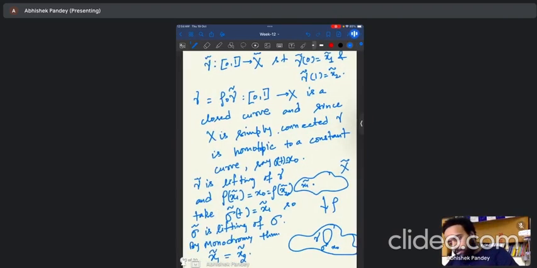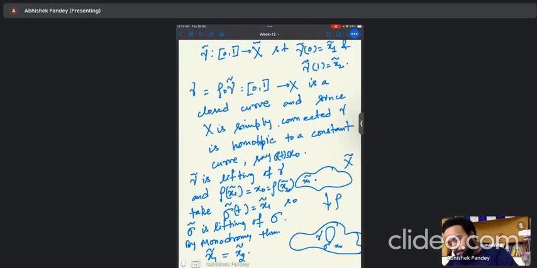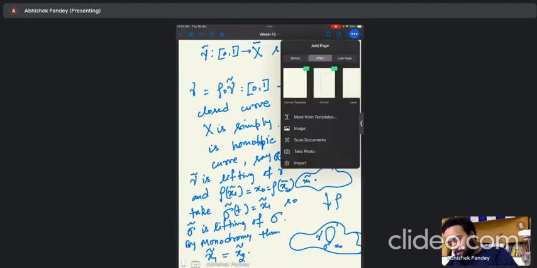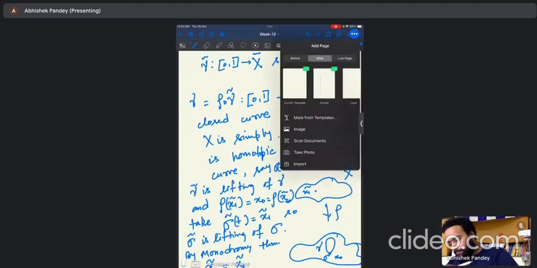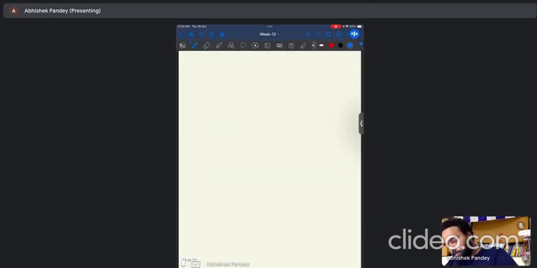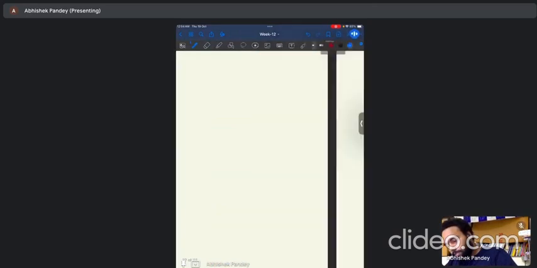Okay, let us now talk about lifting of continuous maps.